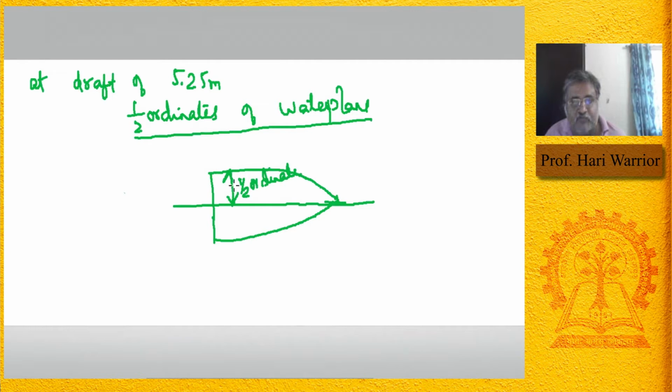As the water line we are dealing with changes, the water plane area changes, and the half ordinate of the water plane area changes. So this is what we call the half ordinate of the water plane area.